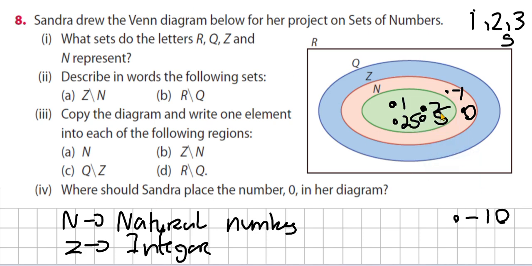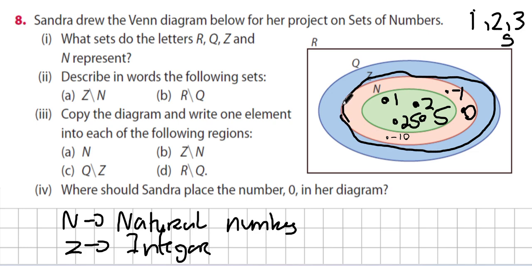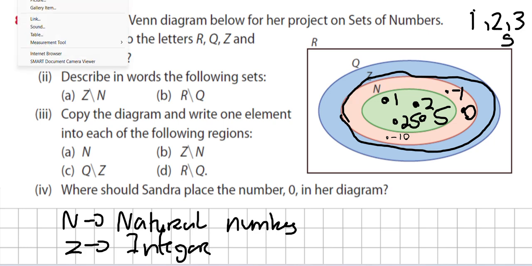In the middle, yeah? With the 1 and the 2. Where would -10 go? Yeah, I'm going to make it a bit smaller, but it would go in here, wouldn't it? So, do you see the way Z has everything that N has, and it also has 0 and negative numbers. Is that okay?